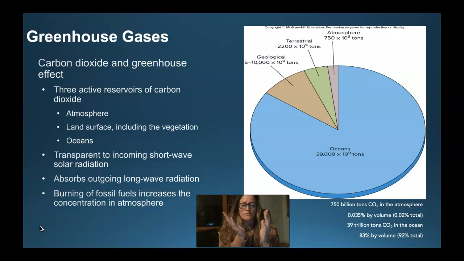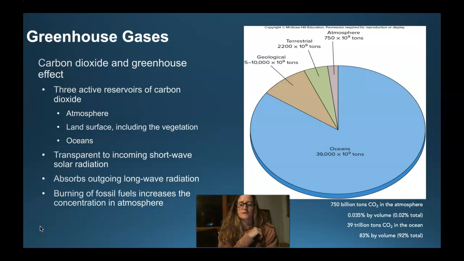Carbon dioxide, along with a couple other gases, water vapor and methane, and a few others, are greenhouse gases. Greenhouse gases accumulate in our atmosphere and do not allow long wave radiation to get dispersed back into space. It basically traps heat, so that heat is trapped down by the earth.